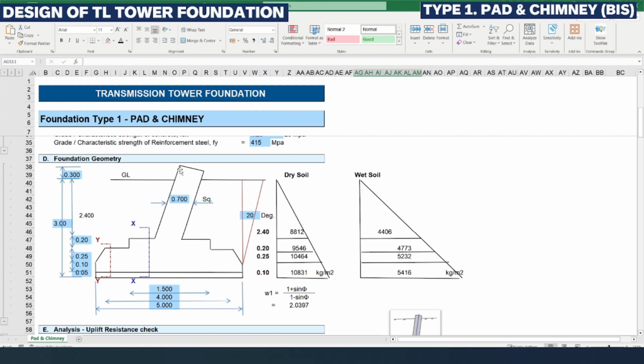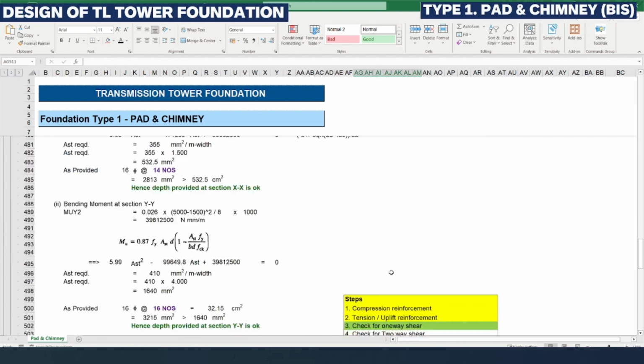The first inner square which we see is the chimney size. The second one is the 1.5 meter drop slab, and the third and final square shape is the base slab size of 5 meter.